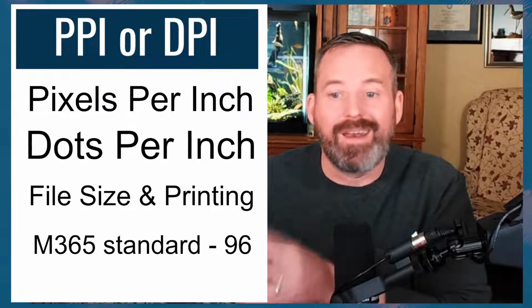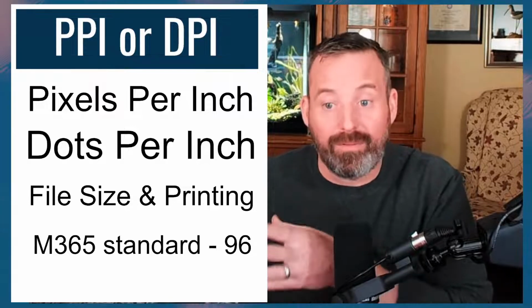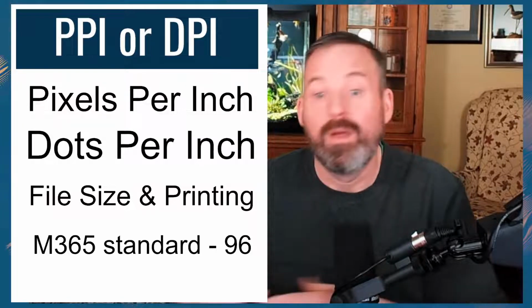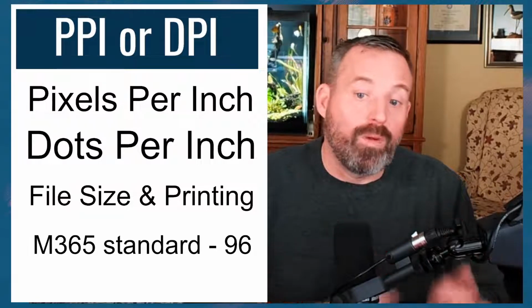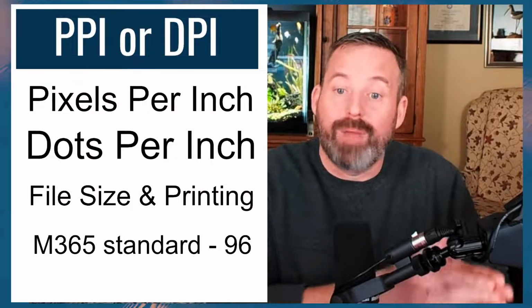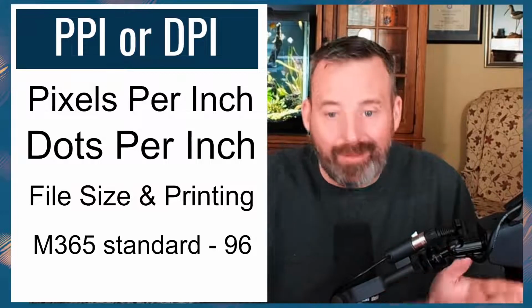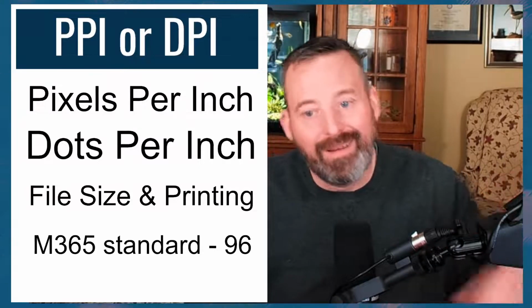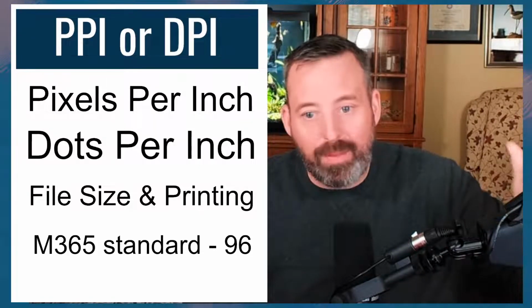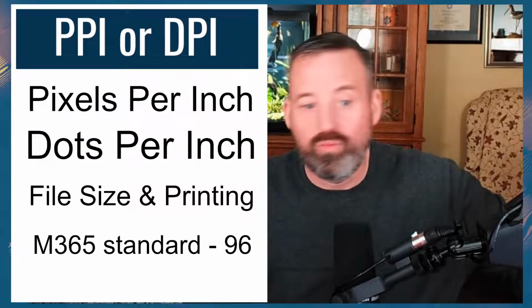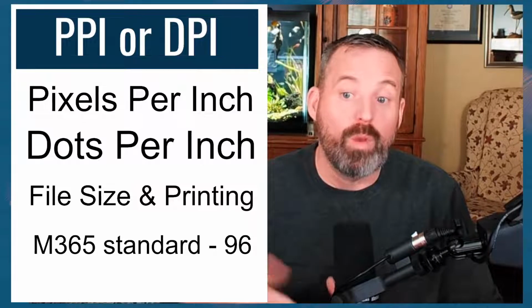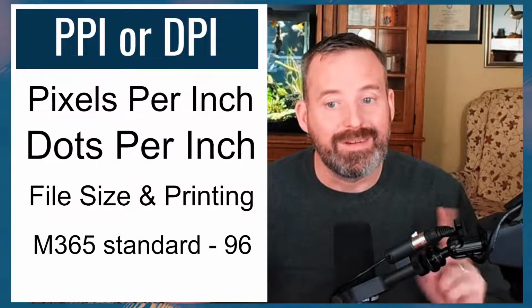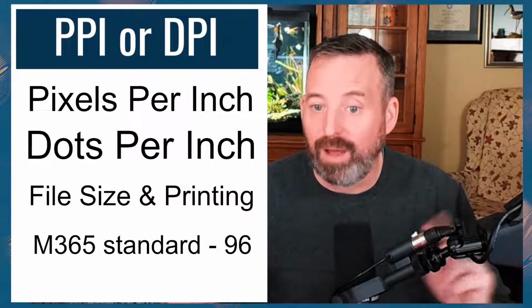The larger that number is, the bigger the file, the bigger that image size is. So one thing I like to think about is what's my end result, where I'm putting my pictures, because if it's only going to be viewed online, a lower-quality JPEG at 72 or 96 PPI or DPI will work. Now there truly is a difference between PPI and DPI.